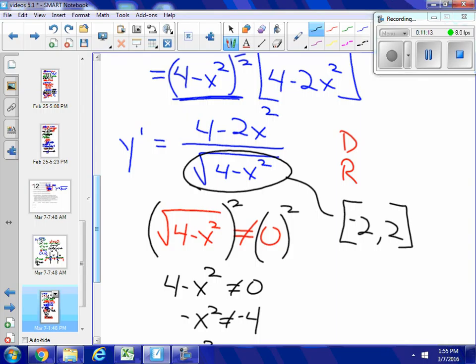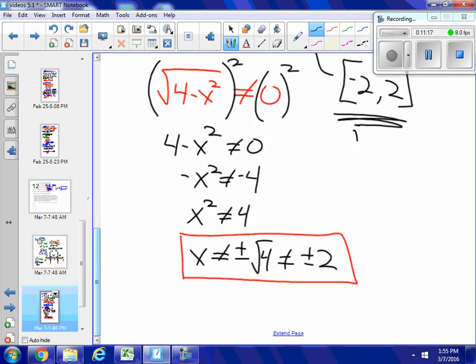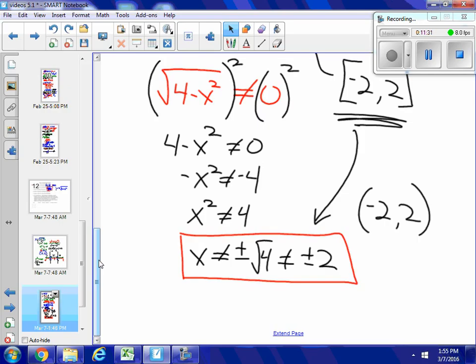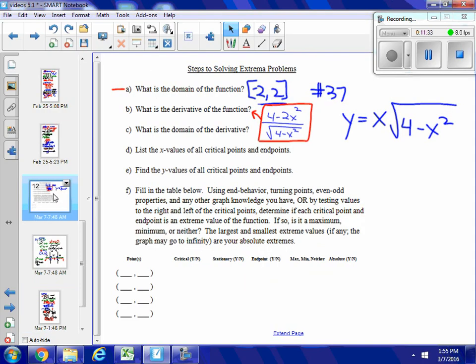So looking at this right here and this right here, I can see that my domain really is negative 2 to 2, but not including negative 2 or 2. That is going to be the domain of the derivative. So we'll write that in. The domain of the derivative is going to be parentheses negative 2, 2.